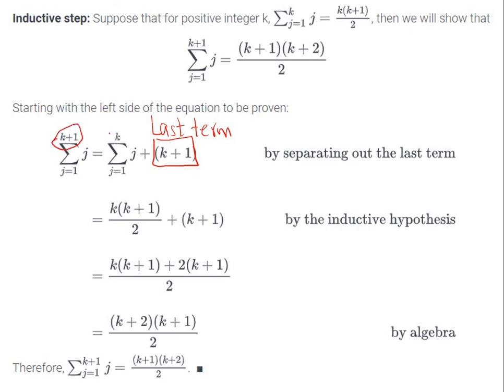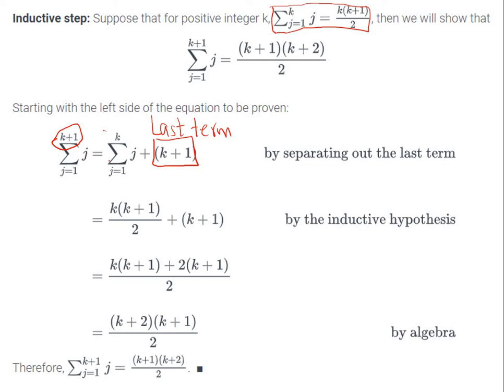Now, why are we doing this? We're doing this because we have to use this equation, which says that the mathematical statement that we have is true for n equals k. And in order to use that statement, we have to separate out the last term, which is when j equals k plus 1.